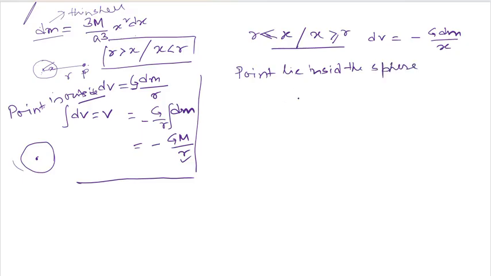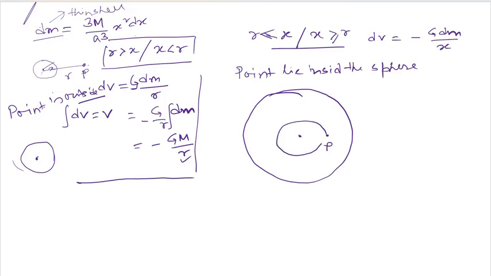How it looks: this is my sphere, and this is the center of the sphere. Now suppose the point is lying here, P is here. So this is our P.